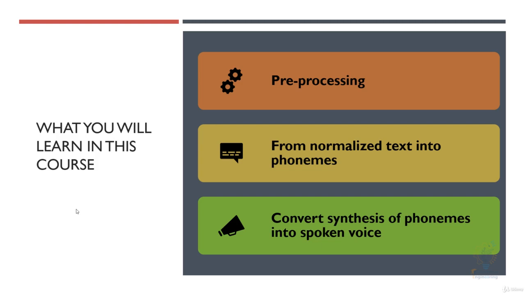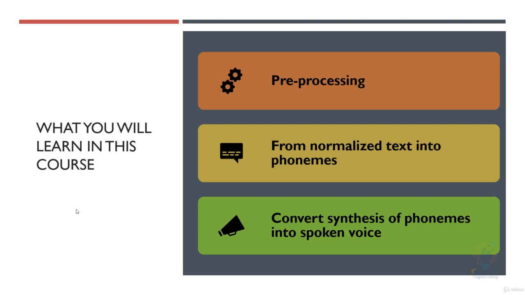The second step involves the conversion of normalized text into phonemes or phonetic transcripts. The phonemes are the small parts of spoken words, like the sounds that make sentences.